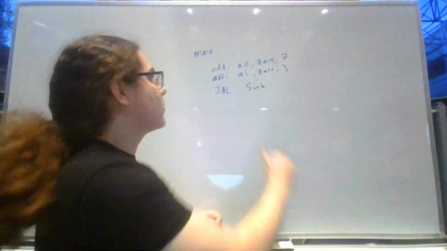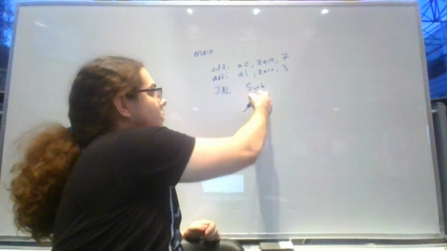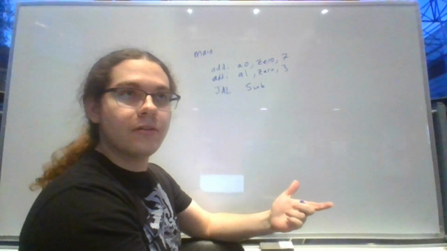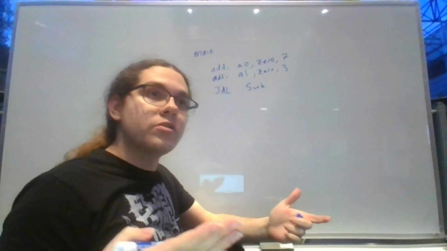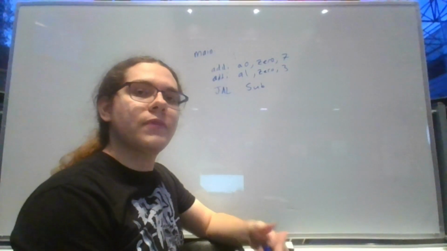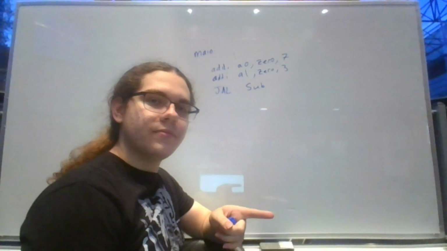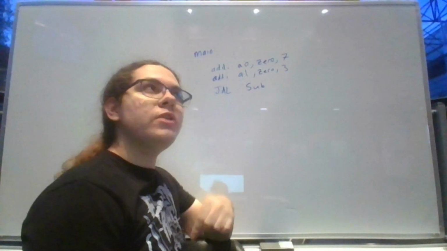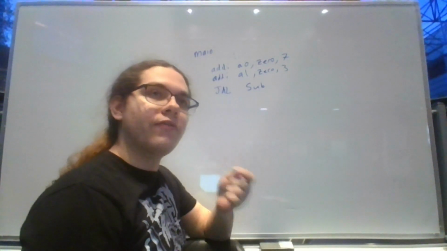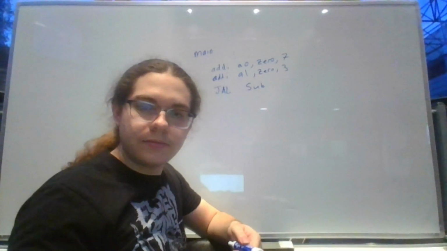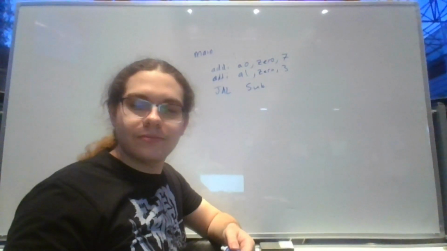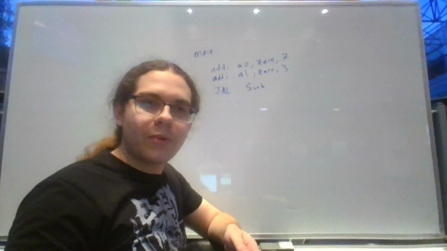So after you finish calling the function, you're then supposed to store the result of that function in y. Now, as a question to you guys, in which register is the result of a function call stored? Do you guys remember?